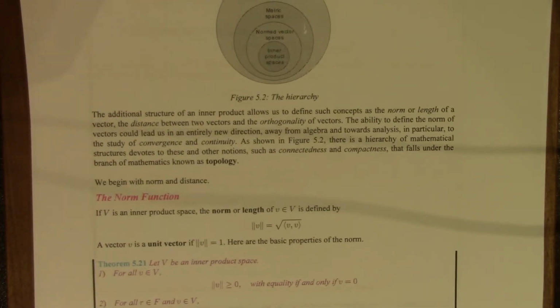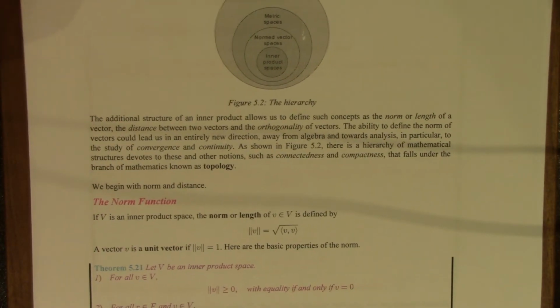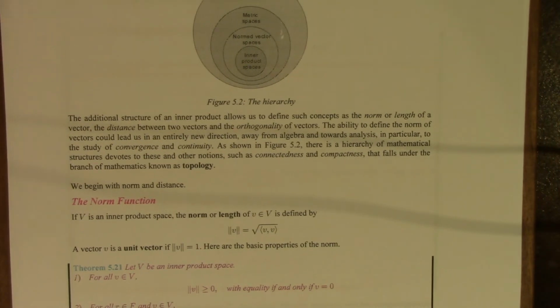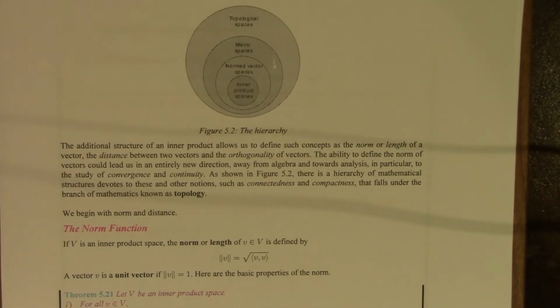The additional structure of an inner product allows us to define some new concepts, such as the norm or length of a vector, the distance between two vectors, and the orthogonality of vectors.